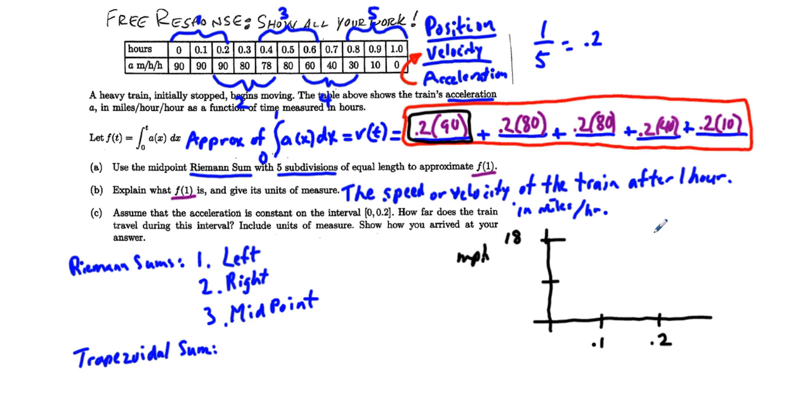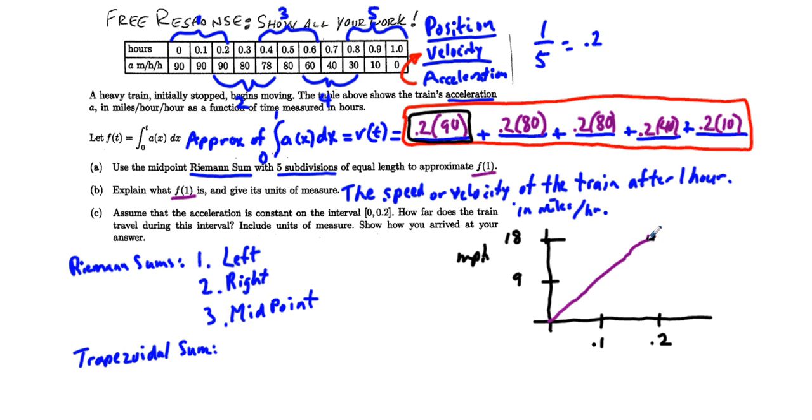And if acceleration is constant, which we're given as a condition, then our average velocity is going to be 9 miles per hour.